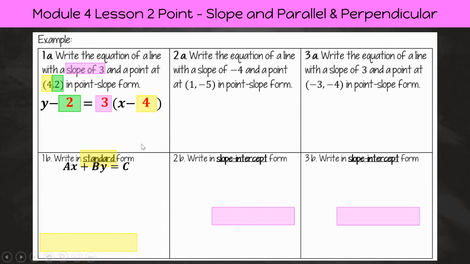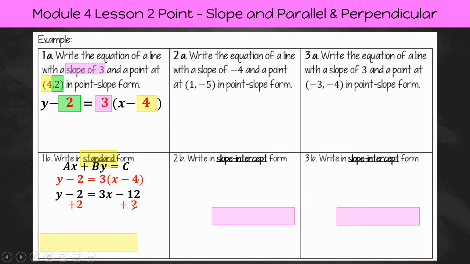Remember, our standard form is ax plus by is equal to c. The first thing we're going to do is take our point slope form and distribute. So we get y minus 2 is equal to 3x minus 12, because I multiplied 3 times x, and then I multiplied 3 times a negative 4, and I got negative 12. Now that I have this simplified, I need to get it into standard form.